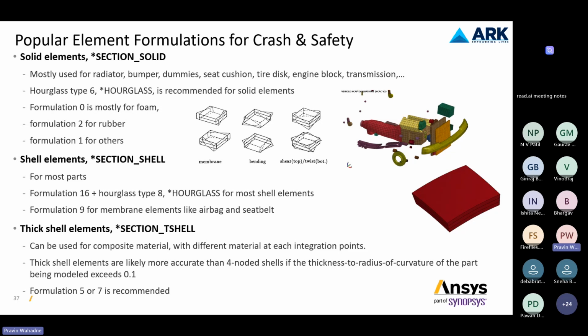Thick shells are more accurate than four noded shells. If the thickness to the radius of curvature of the part being modeled exceeds generally 0.1, then formulation 5 or 7 is recommended with thick shell elements.